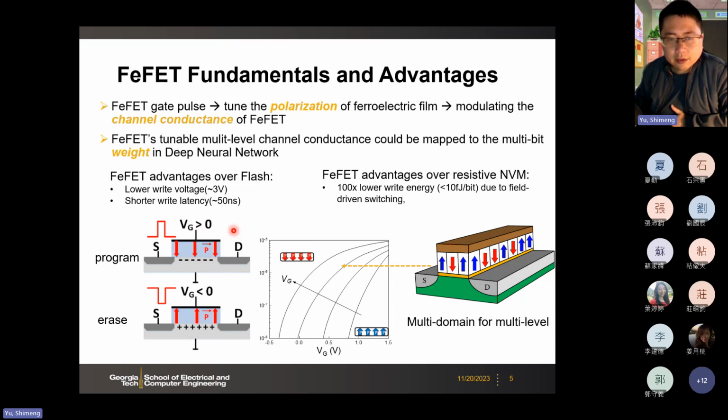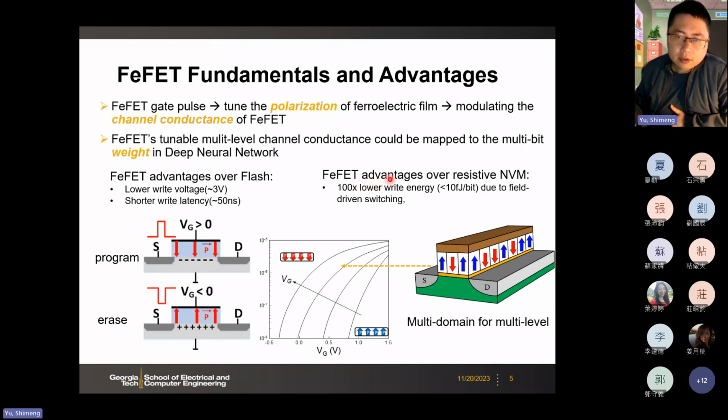In other words, the charge trapping and the ferro switching will compete with each other. That's why in ferro FETs, we want to avoid the charge trapping. If you have significant charge trapping, then in the memory switching the memory window will be reduced, because those two mechanisms compete with each other.